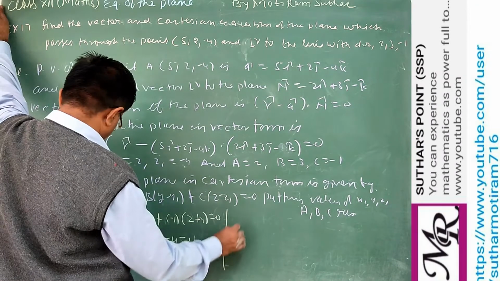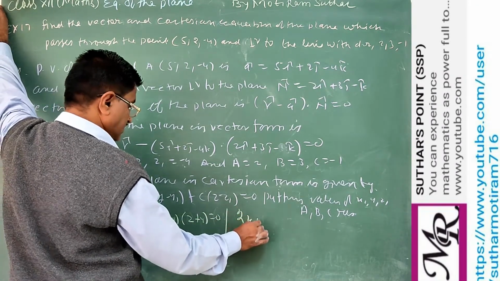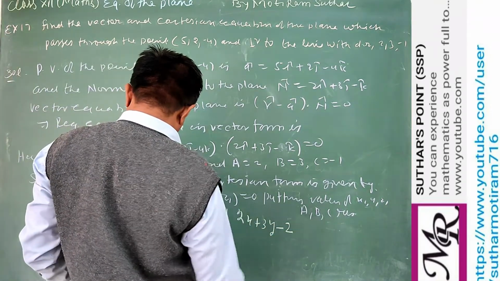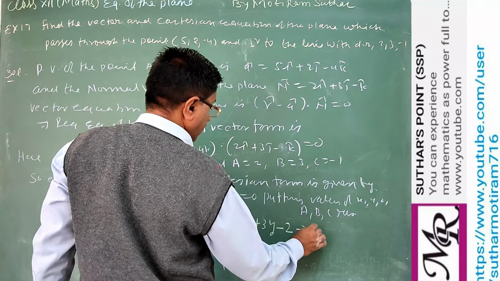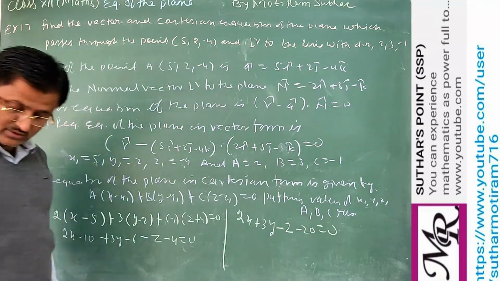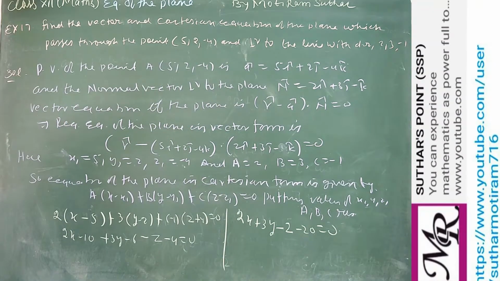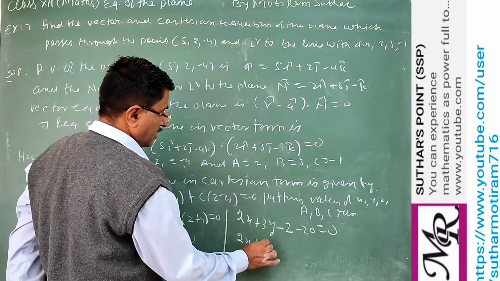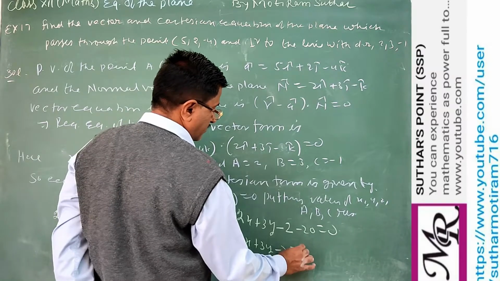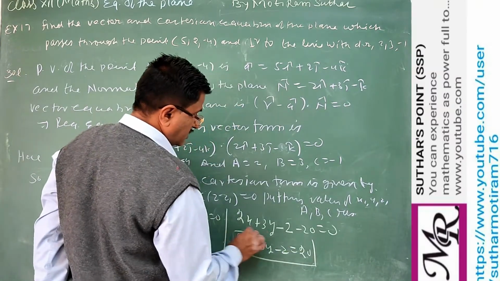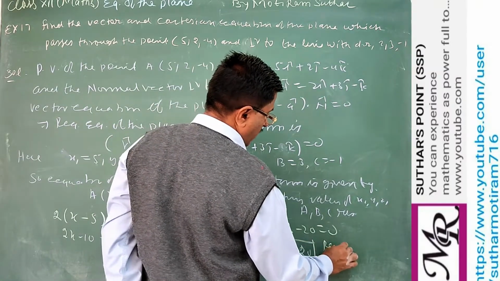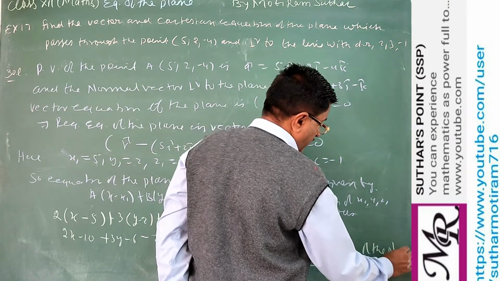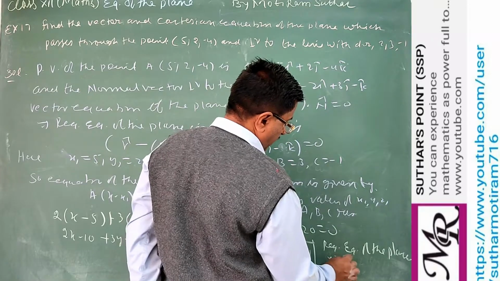Which can be written as 2x plus 3y minus z minus 20 equal to 0. So finally what we get: 2x plus 3y minus z equal to 20. So this is the required equation of the plane in Cartesian form.